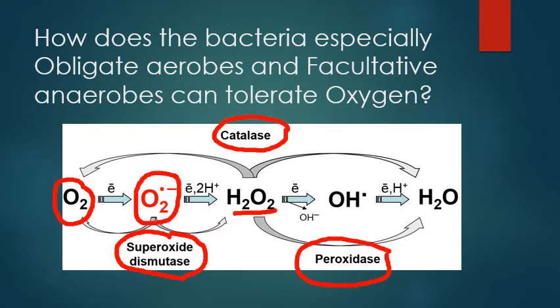Or sometimes it has the catalase, para yung hydrogen peroxide maging water, ma-metabolize na to water. So, the two important enzymes to survive for facultative anaerobes and obligate aerobes are the catalase and the superoxide dismutase.